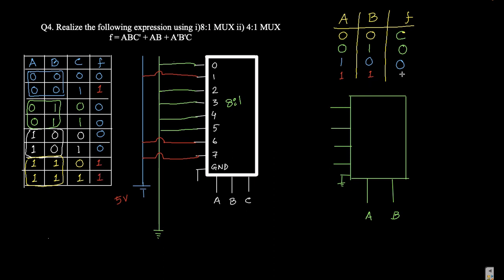Means whatever the C is, the output is nothing but 1. So this is the truth table for the two variable. So this is 4:1 MUX. Now, so where we should get the 0. So this is your F.